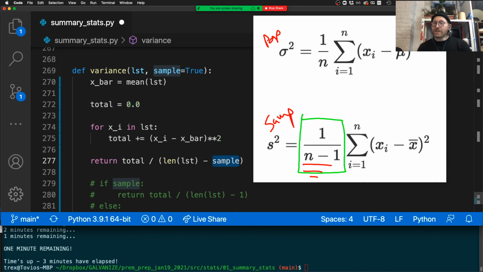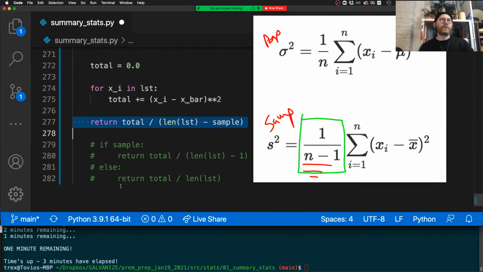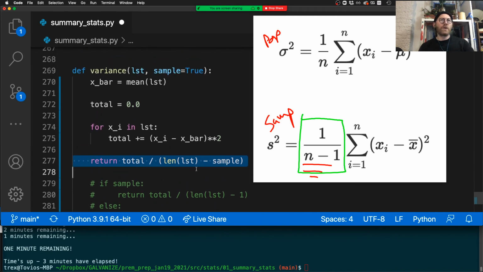Now, the reason I can do that is that you can add True, and if you add True, that's adding 1. You can subtract True; if you subtract True, you're subtracting 1. If you add or subtract False, you're adding or subtracting 0. So this statement right here on line 277 eliminates the need for the condition below. So that's going to work.